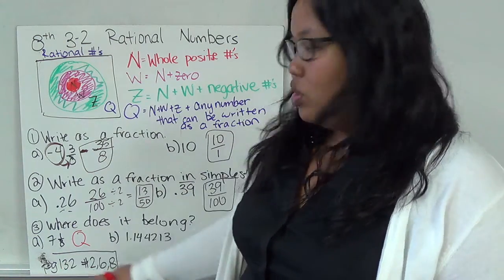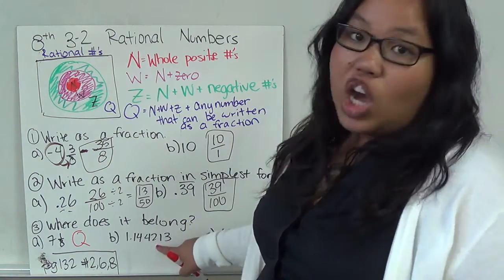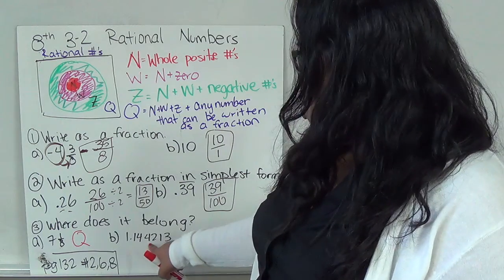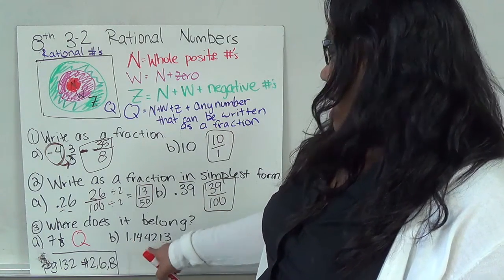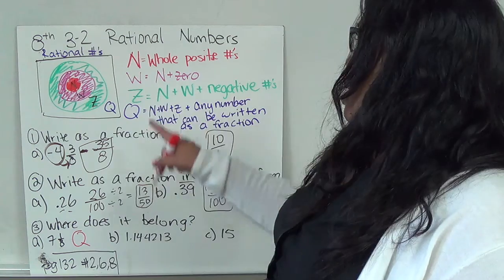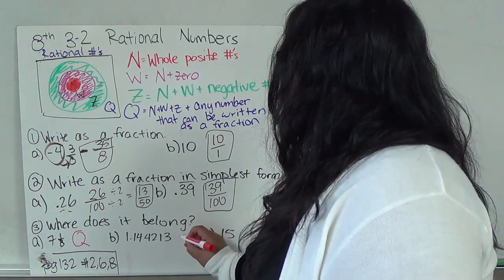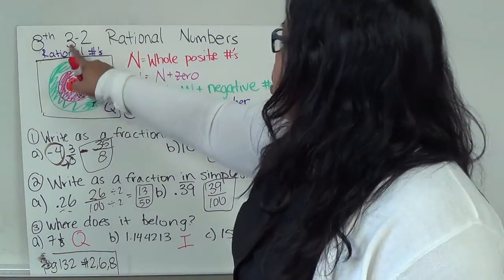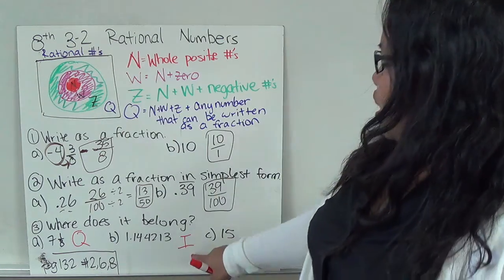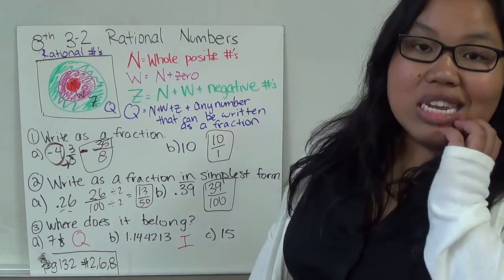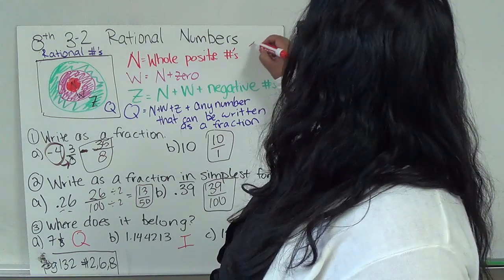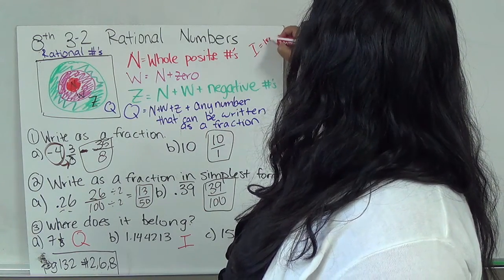Any fraction is rational. For example, this is not rational, right? Because there's no pattern. I can't turn it into a decimal. Everything here is rational. Well, this is not rational, so I'm going to put I, irrational.